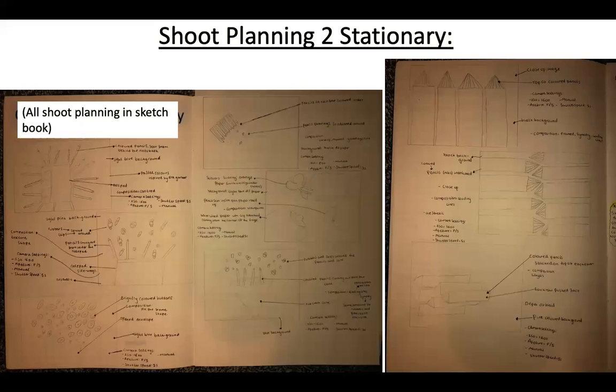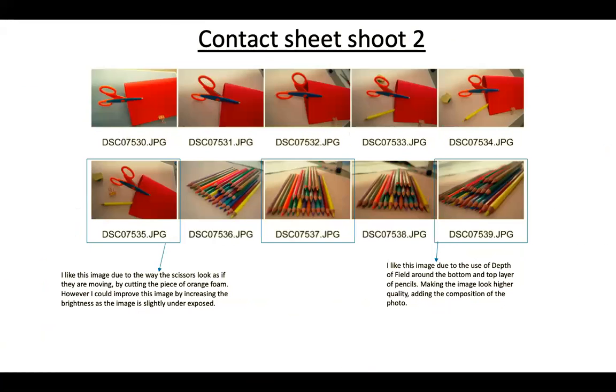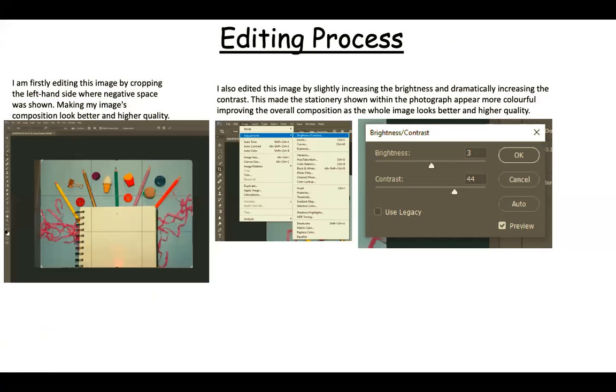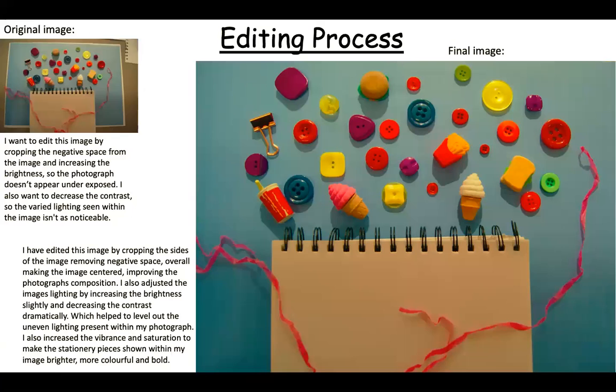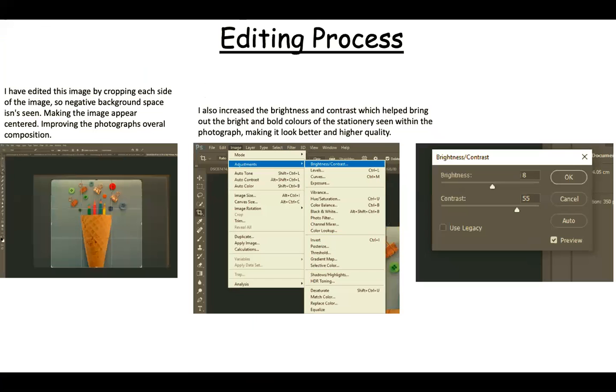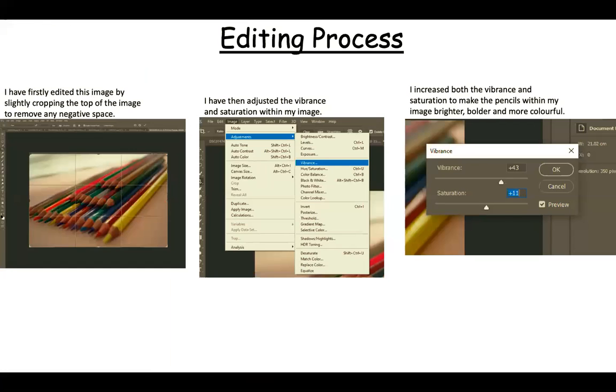Now, you might do more than one shoot. This student has actually done 3 shoots within there. As you can see, it's the same process, but these are different ideas. This one is more stationery based. That's where they're using that theme of colour, and they're using stationery because they got that idea from the artist they've looked at, and they've done a whole shoot dedicated to creating photos with stationery.